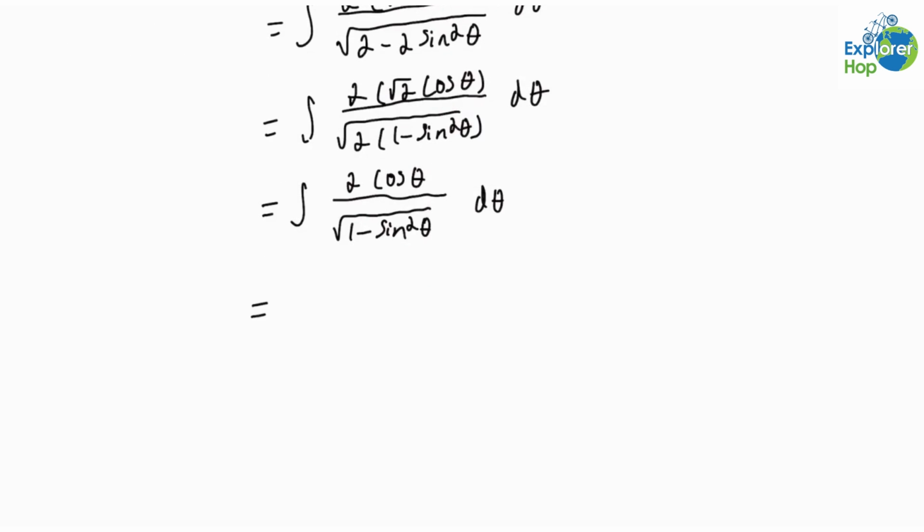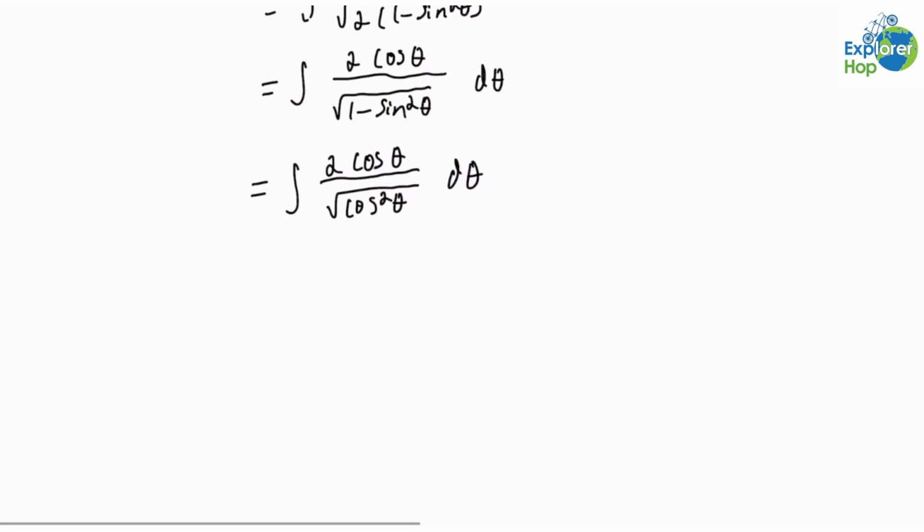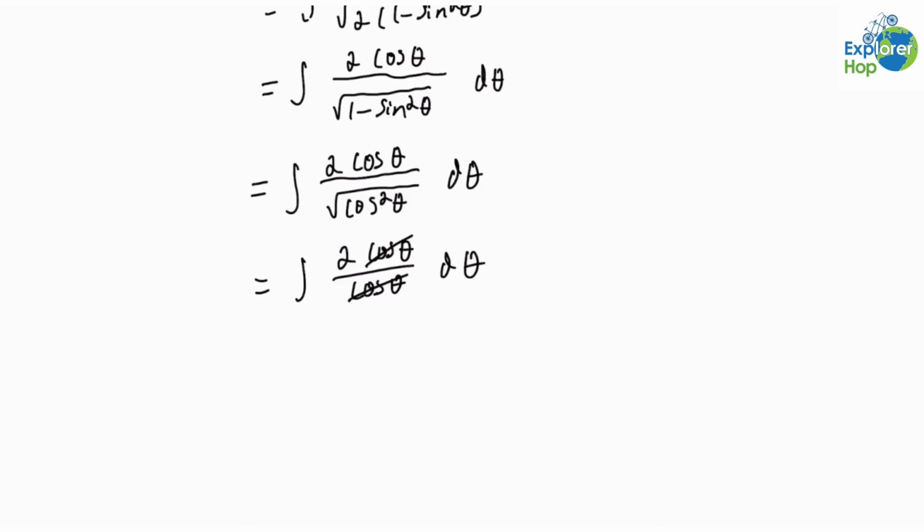So this is equal to the integral of 2 cosine theta over the square root of cosine squared theta d theta, which is equal to the integral of 2 cosine theta over cosine theta d theta. And cosine theta divides out, so this is equal to the integral of the constant function 2 d theta, which is just equal to 2 theta plus some constant c.